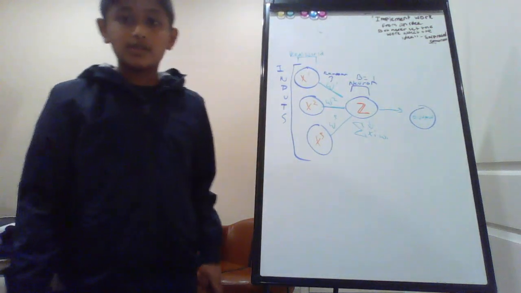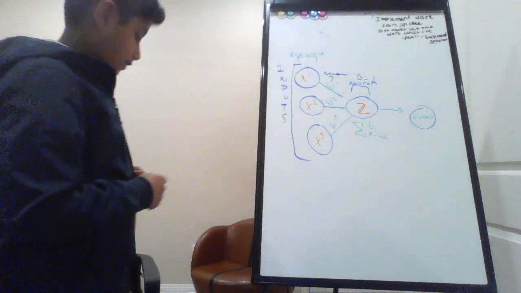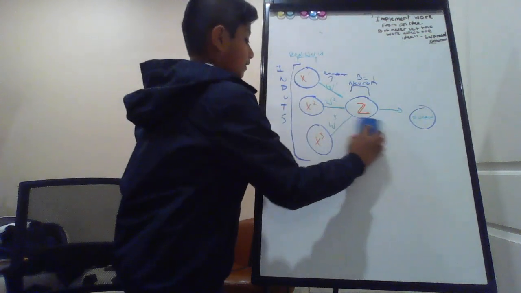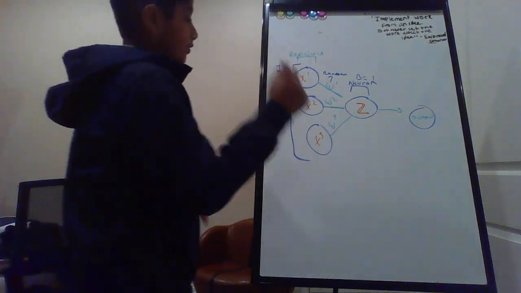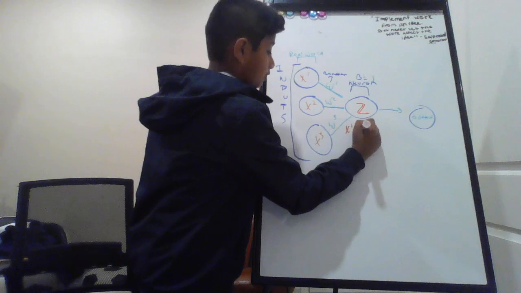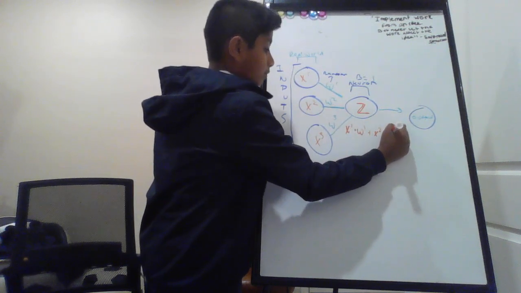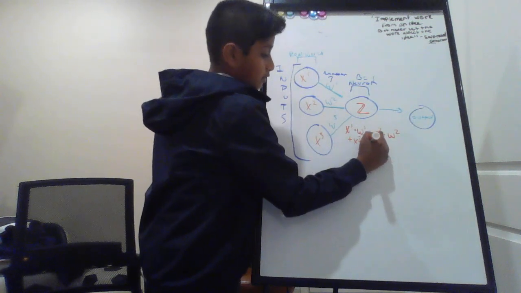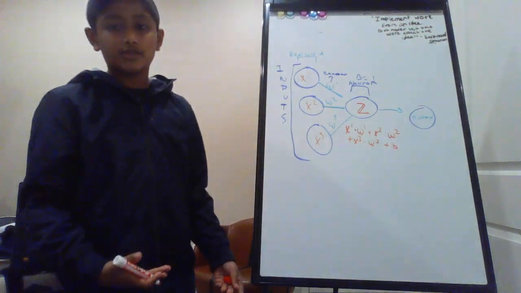It seems kind of confusing here, so let me break it down into what this is saying. Really, this is just x1 times w1 plus x2 times w2 plus x3 times w3 plus our bias. That's really all this is saying.